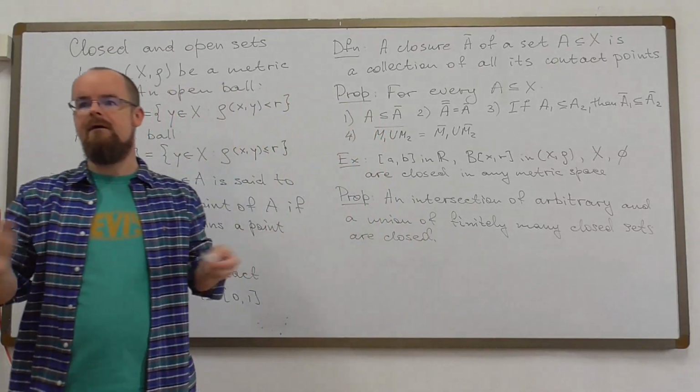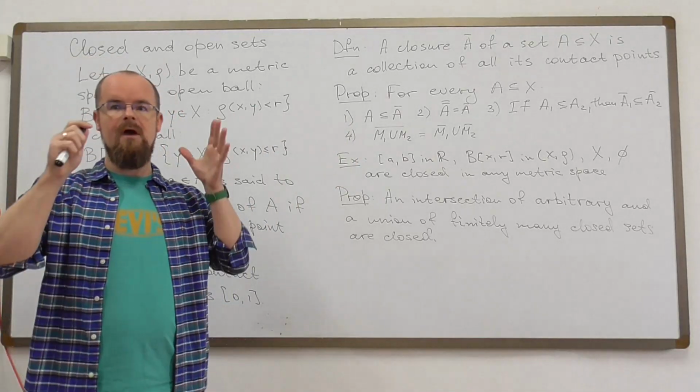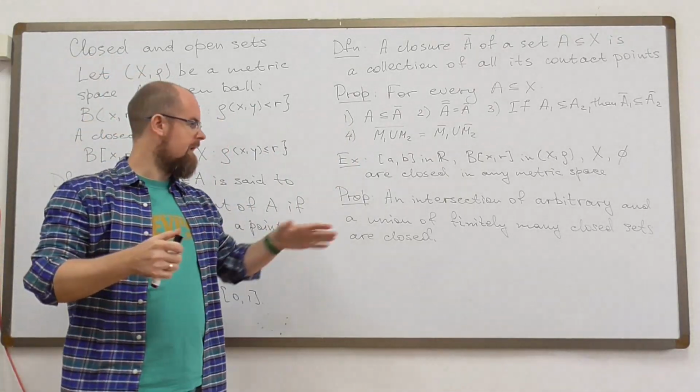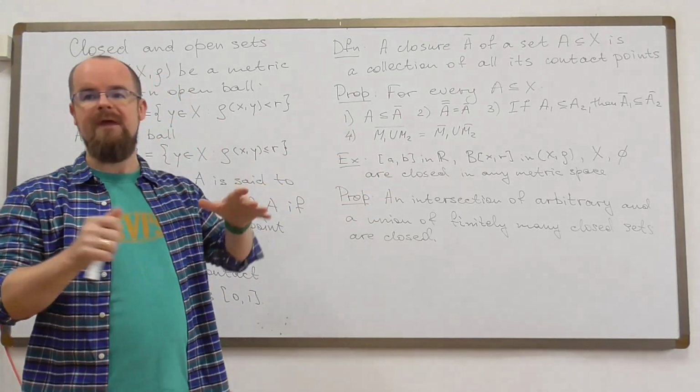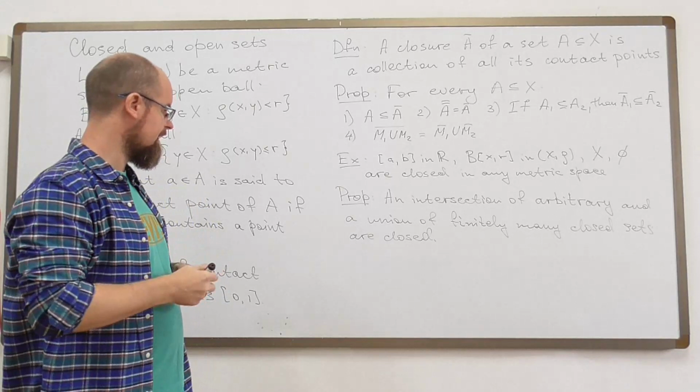So if we take arbitrarily many closed sets and take the intersection of all of them, the result will be a closed set. And if we take finitely many closed sets and take the union, we will get a closed set. Let's prove.